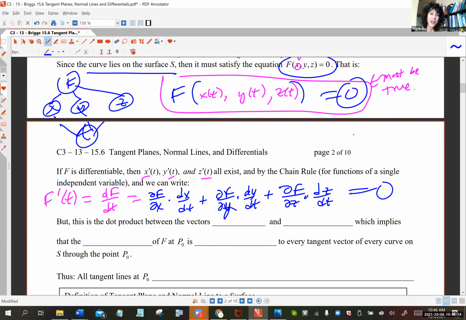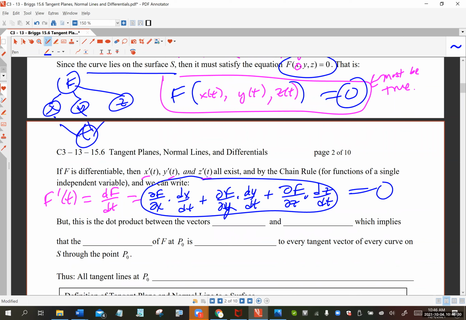So what? Well, here's the cool beans part. Doesn't this big old chain rule look like the dot product of two vectors? It's got that flavor, something times something, plus something times something, plus something times something. Yeah, that's a dot product. So it's a dot product of who and who?